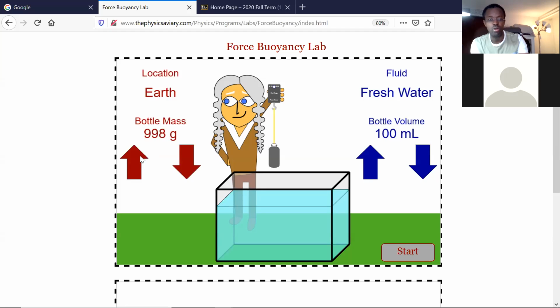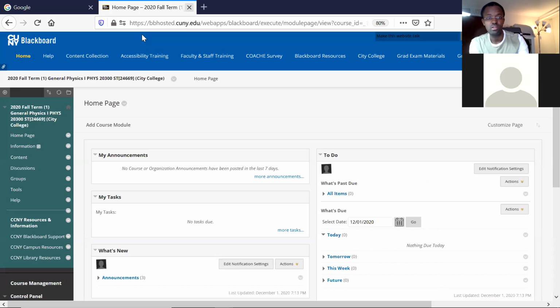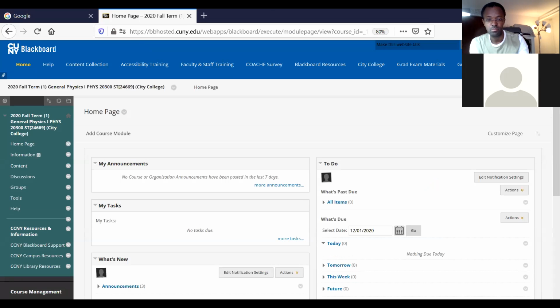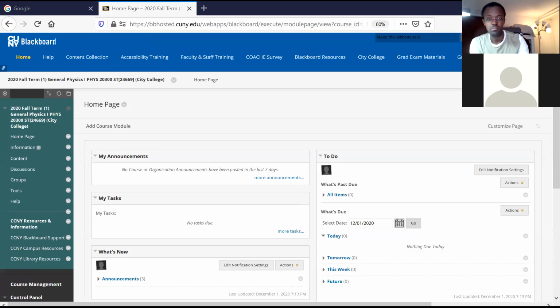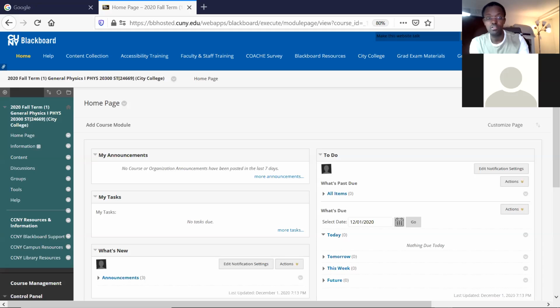When I go up, I go above 1,000. So what I like to do, or what I did, I restarted the simulation because it starts at 1,000 grams. So let me close this down and restart the simulation.